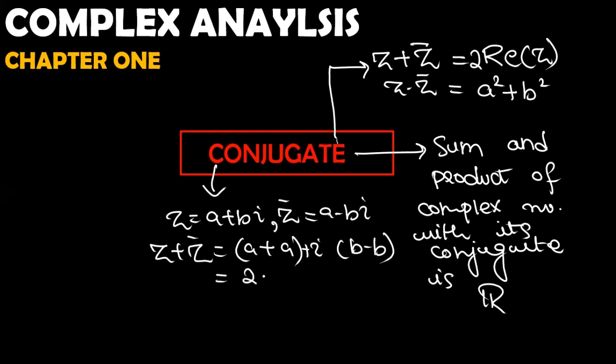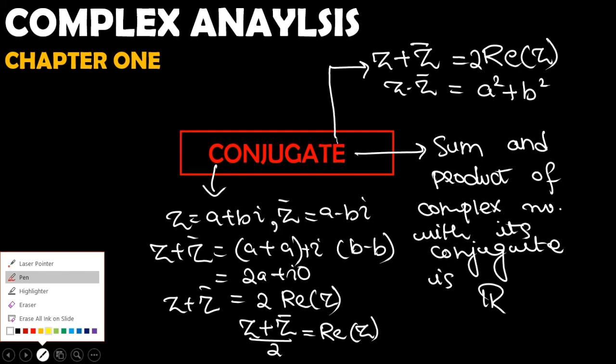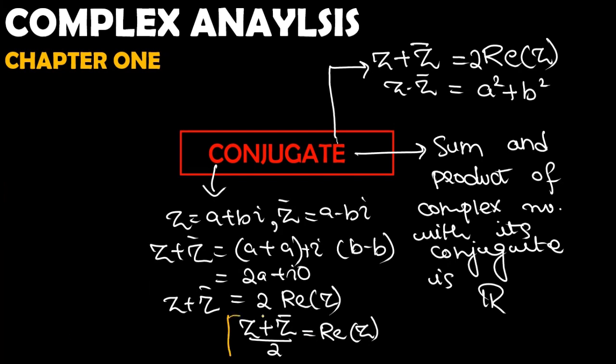So I will get 2a plus 0 iota, then I will get 2a. So I can write it as 2 times the real part of z. So you can see that I can derive a formula that z plus z bar over 2 is equal to the real part of z. This is a very important formula which we will use in our questions.